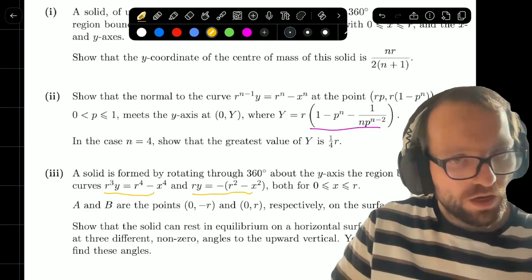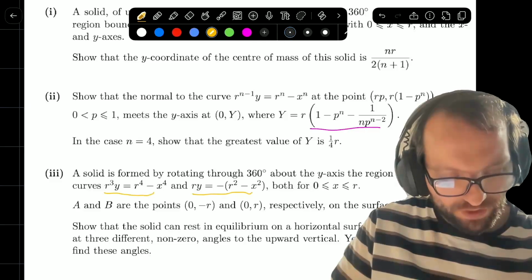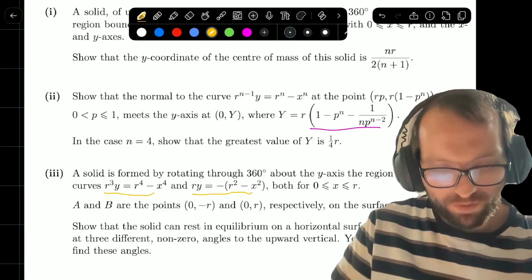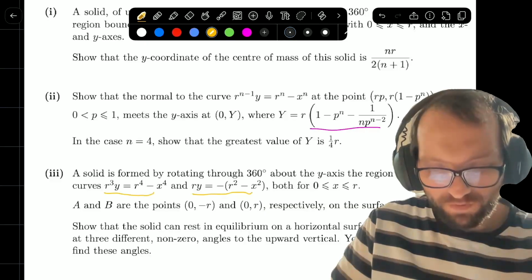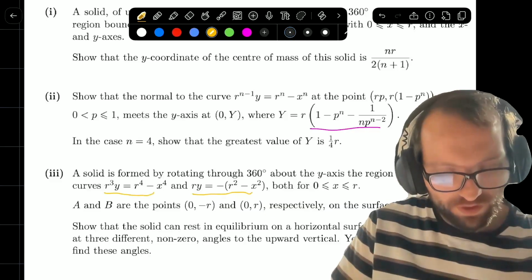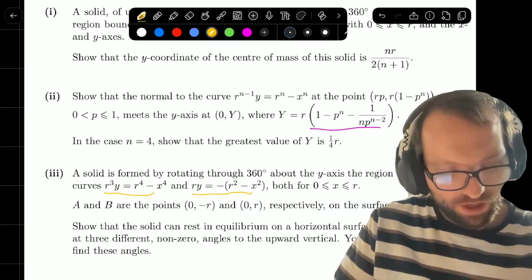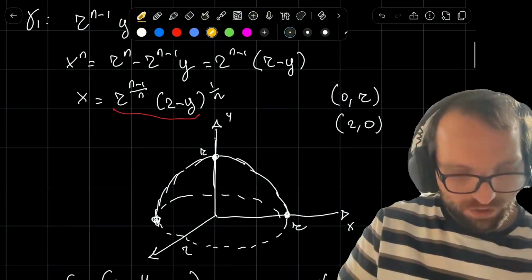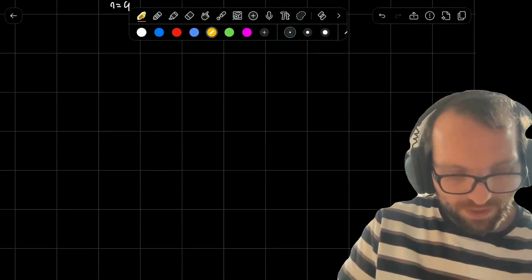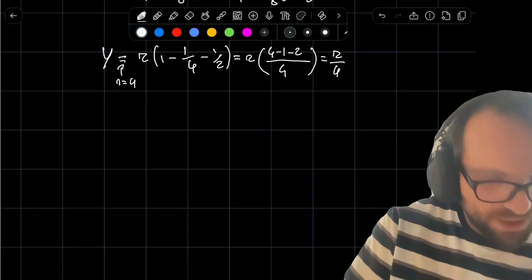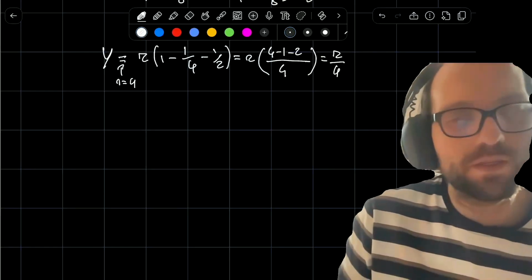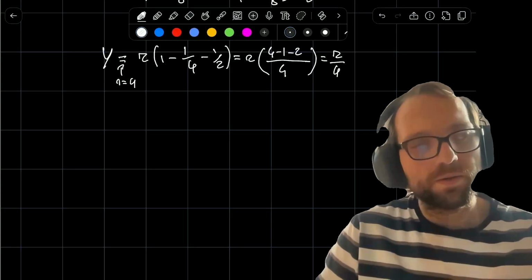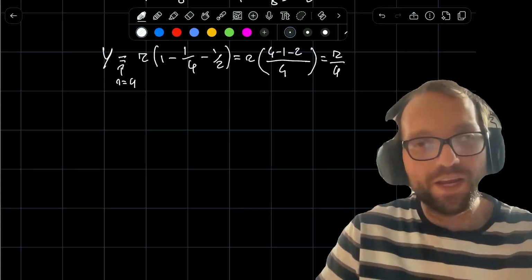Okay, we want to show that the solid can rest in equilibrium on a horizontal surface with a vector AB at 3 different non-zero angles to the upward vertical. And we should not attempt to find these angles. Okay, so I think that this is the hardest part of this exercise because it also involves some mechanics to apply.